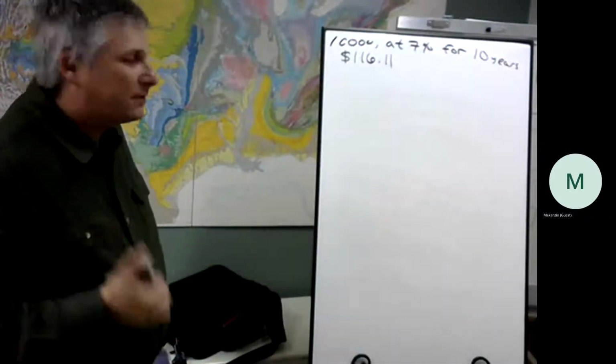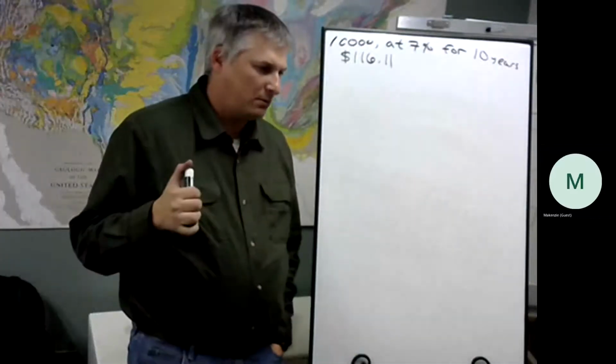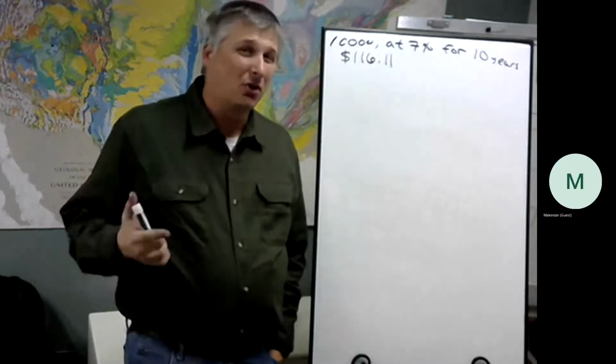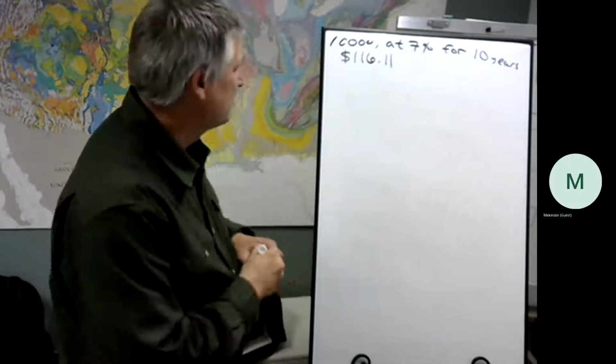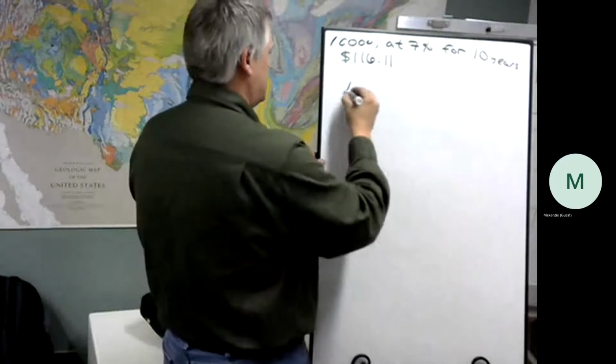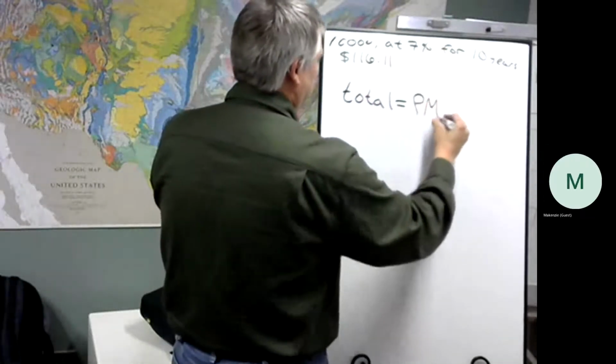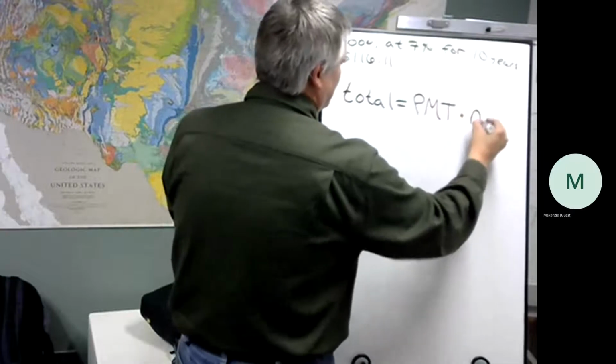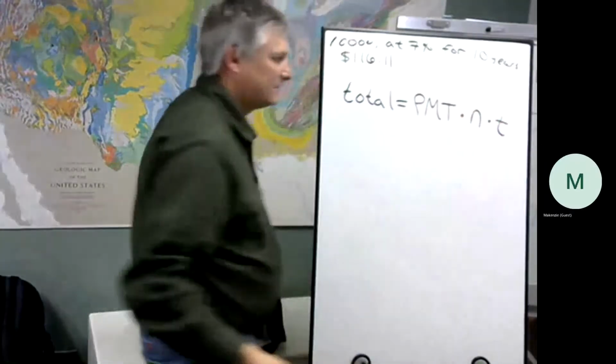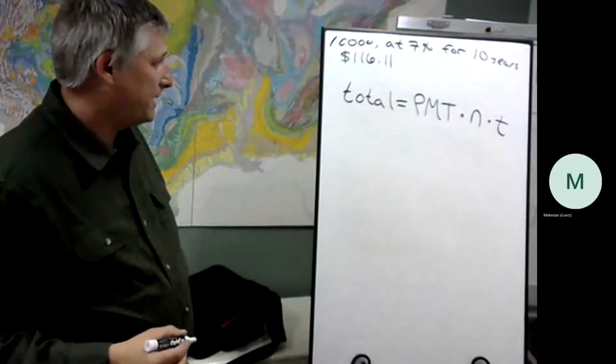So one of the questions they're going to ask you is, well, how much do you spend in total over the 10 years? So the total, this isn't a formula in the text, but it's the payment times N times T. That's going to give you the total paid.